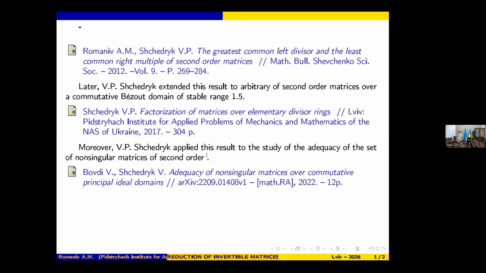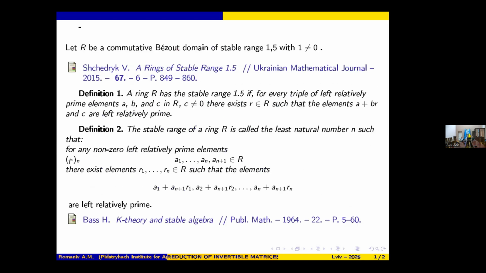Moreover, Shchedryk applied this result to the study of the adequacy of non-singular matrices of second order. Let R be a commutative Bezout domain of stable range 1.5. This ring was introduced by Shchedryk.